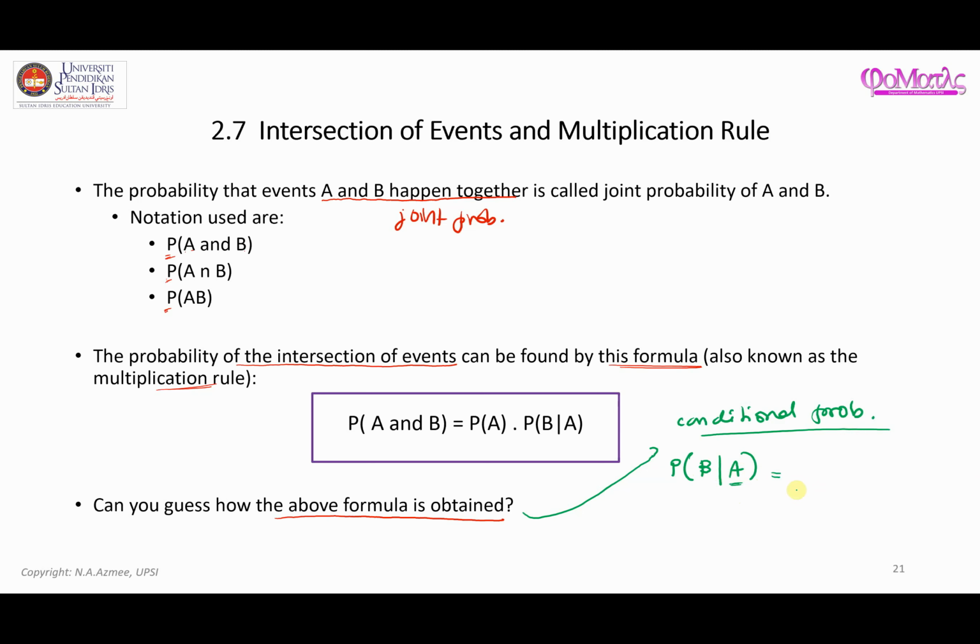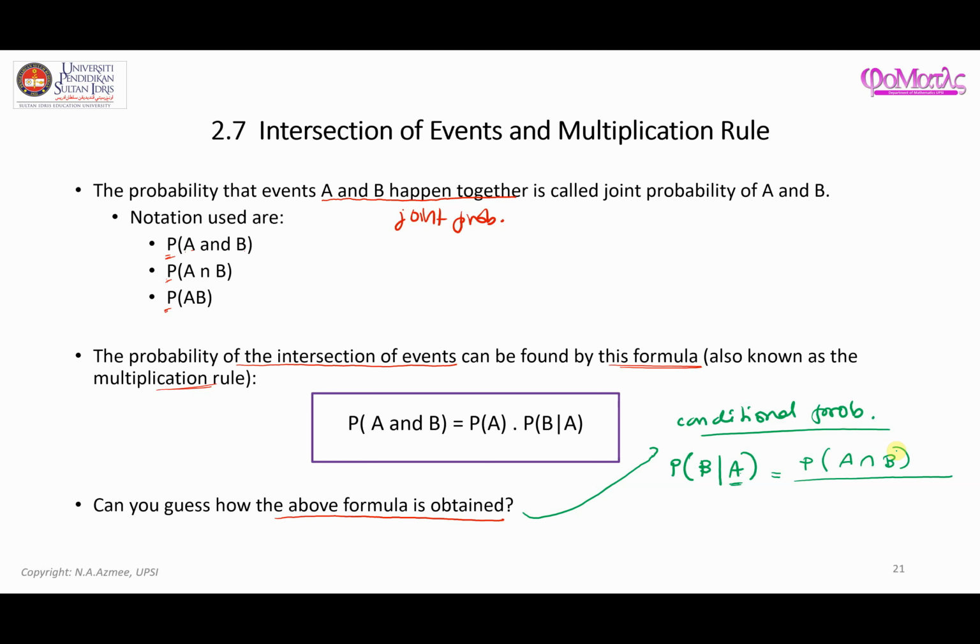And I have told you how we can construct the formula to find the conditional probability of this event. The top part is going to be considering both events happening together. So we are going to have probability A intersect with B or B intersect with A, doesn't matter.